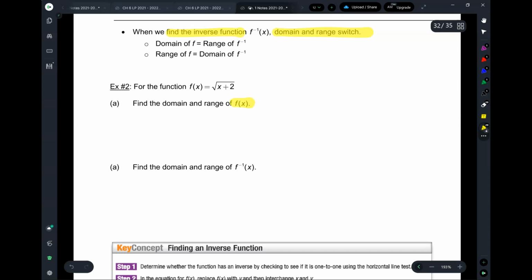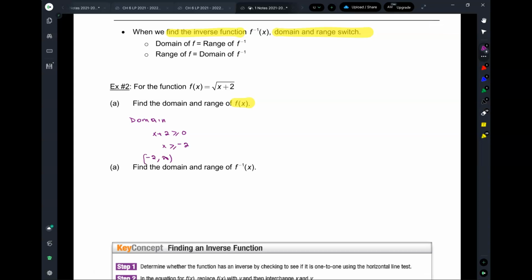So this is what we've been doing since the beginning of time, right? So what would you say is the domain of this? This is a square root. What are we going to do with the x plus 2? Greater than or equal to 0. So x is greater than or equal to negative 2. So the domain is negative 2 to infinity, like this, right?